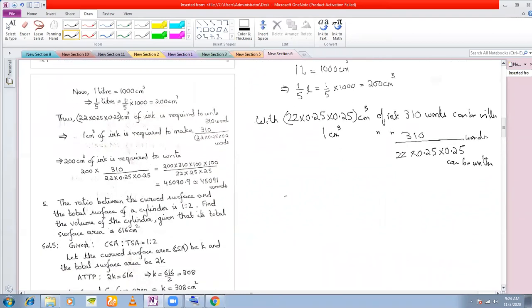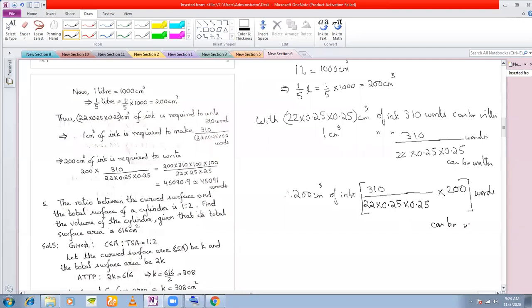Therefore, with 200 centimeter cube of ink, 310 divided by 22 into 0.25 into 0.25 into 200. This many words can be written. And what is the value of this?